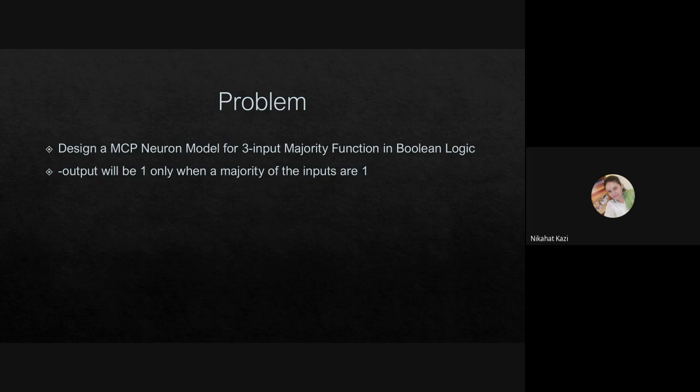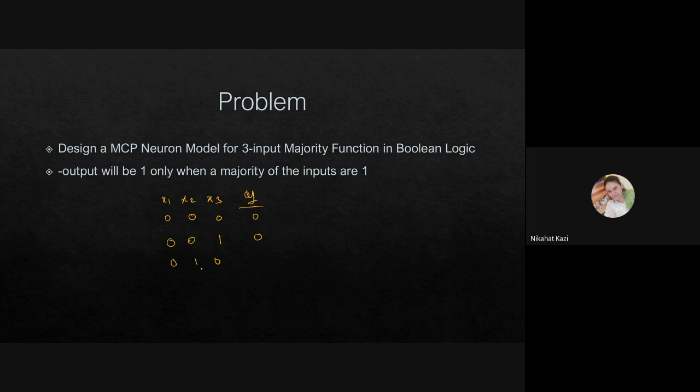That means 3 inputs are there, right? So say x1, x2, x3. What is the output Y? It is 0. Majority of the inputs are 1. That means either 2 inputs should be 1 or 3 inputs should be 1.